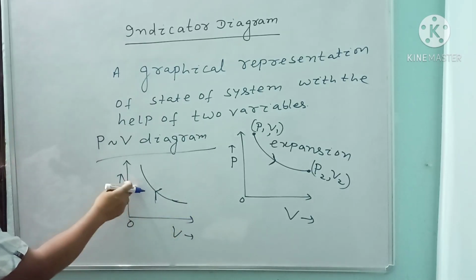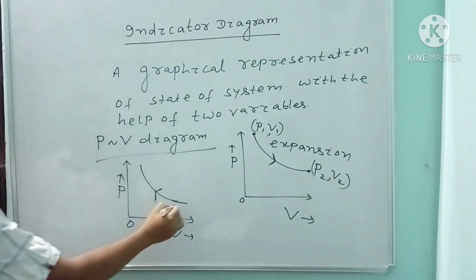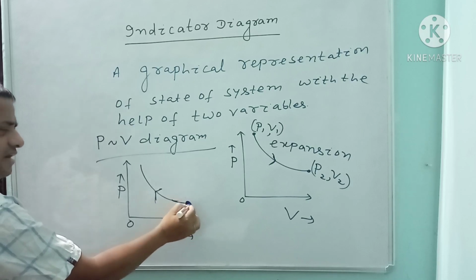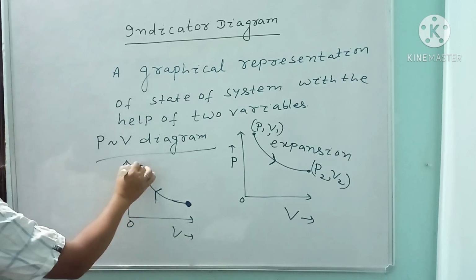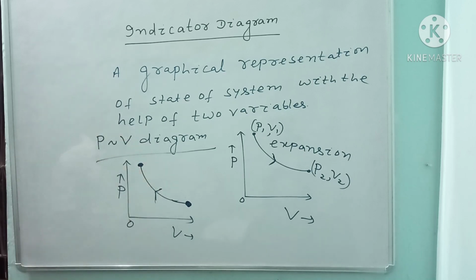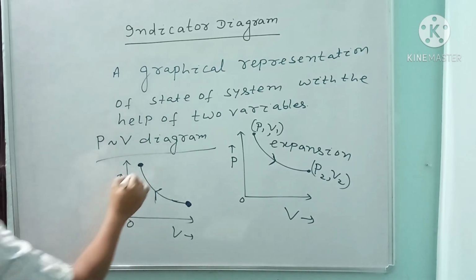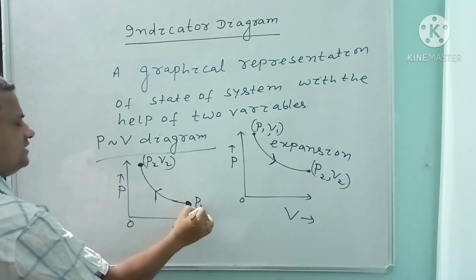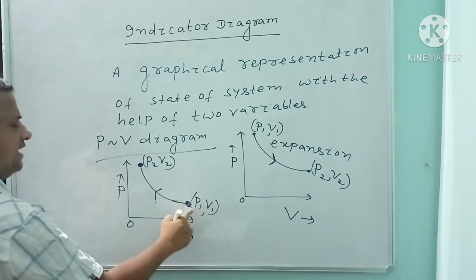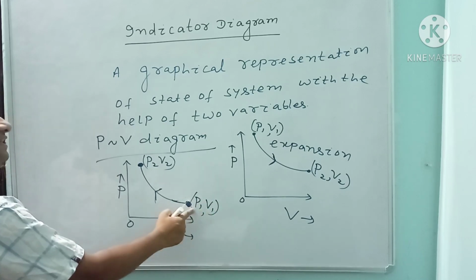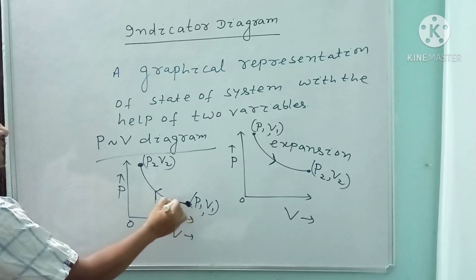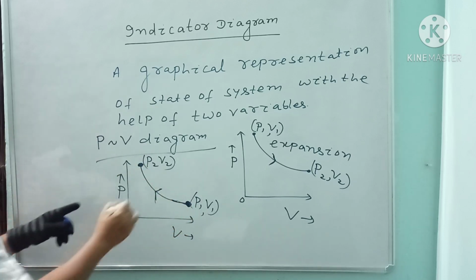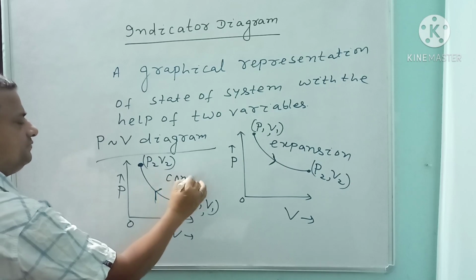Since it is moving in this way, the volume is decreasing. This is the initial volume part. This is the final volume part. Final is P2 pressure, V2 volume. Initial is P1, V1. Why it is initial? Because the graph starts from this. So this is the case of compression.